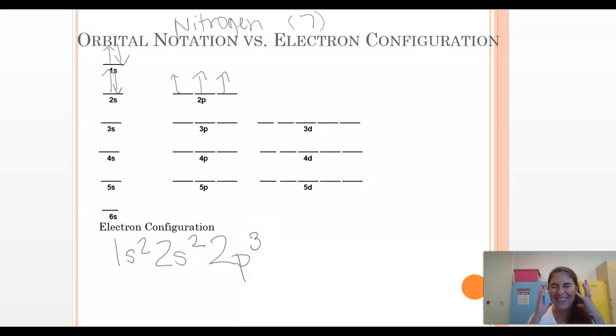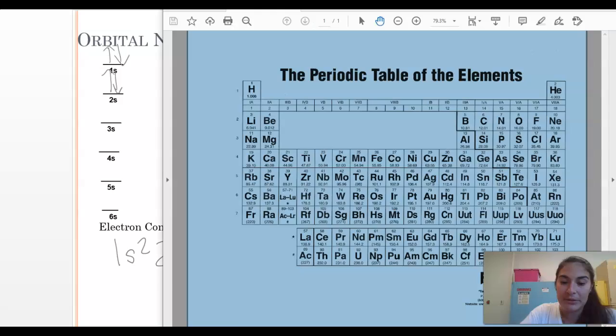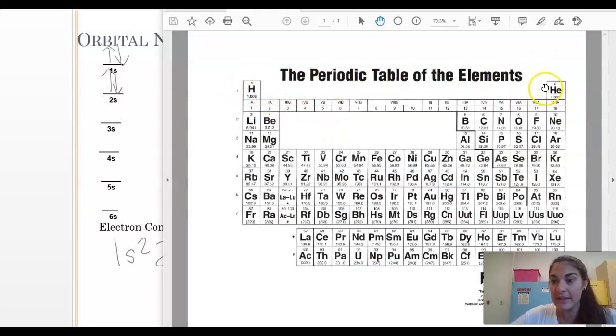So what you're saying out loud to figure out how you're drawing your orbital notation is what you should write down for the electron configuration. So again, following that periodic table is going to be helpful for doing this. So it was 1s, 2, 2s, 2, 2p, 3. That is the electron configuration.